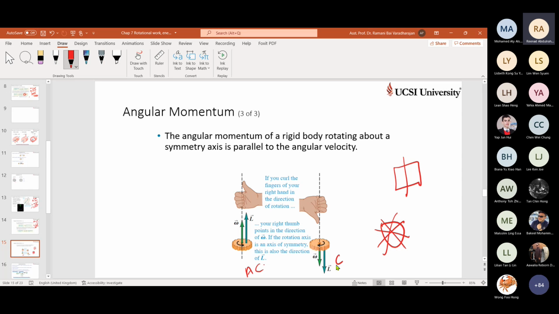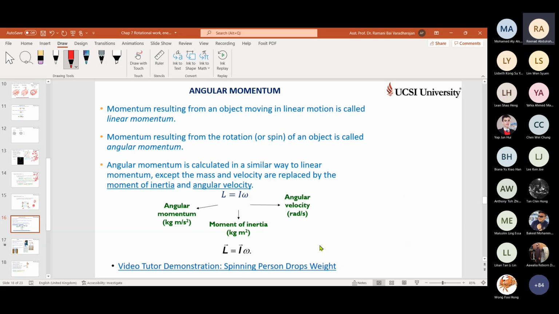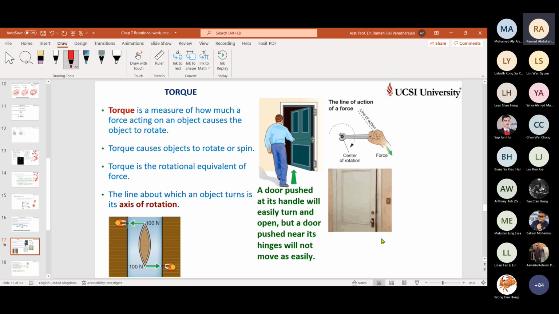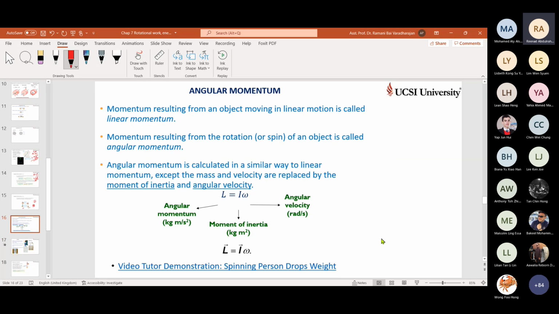I mean to say, in any rotation, the direction of angular velocity and angular momentum are the same, provided the geometry is symmetric. That's what we learn from here. This is a repetition of what we learned in the equation. I just show this video for more understanding. I don't know whether I can cover this today. You can see that one later after I complete this one as well.